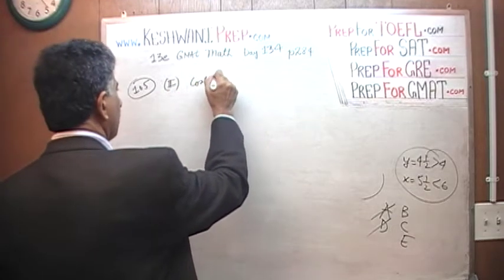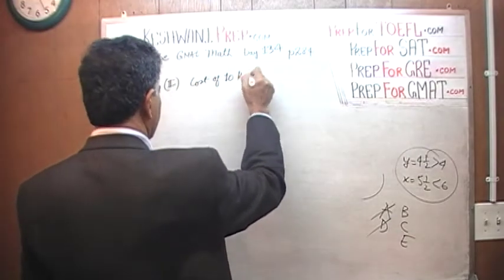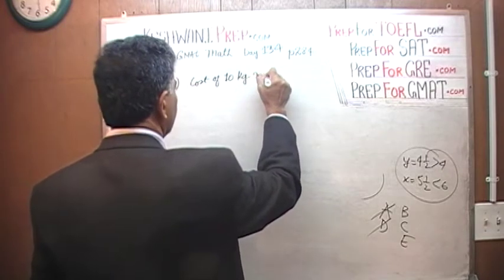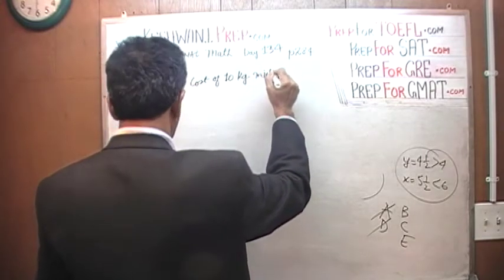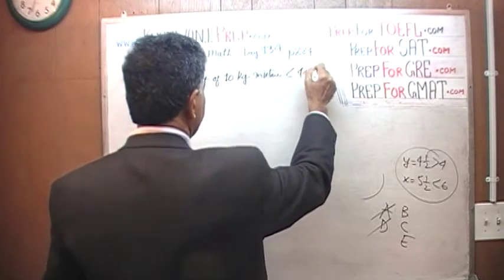the cost of the 10 kilo mixture is less than $40.